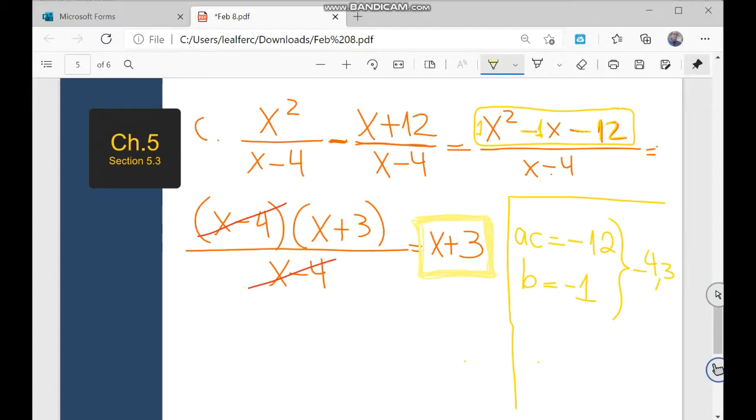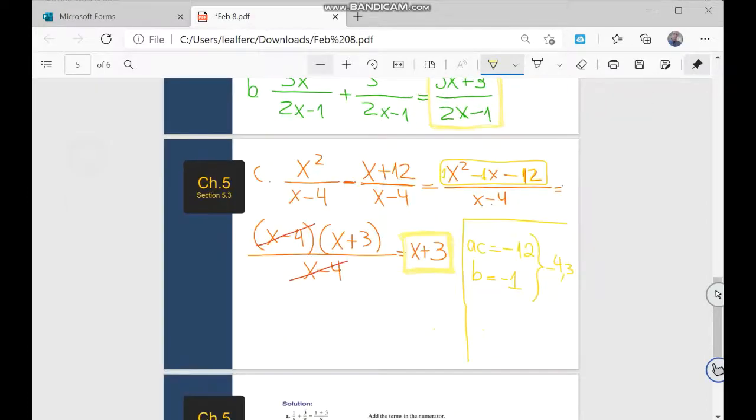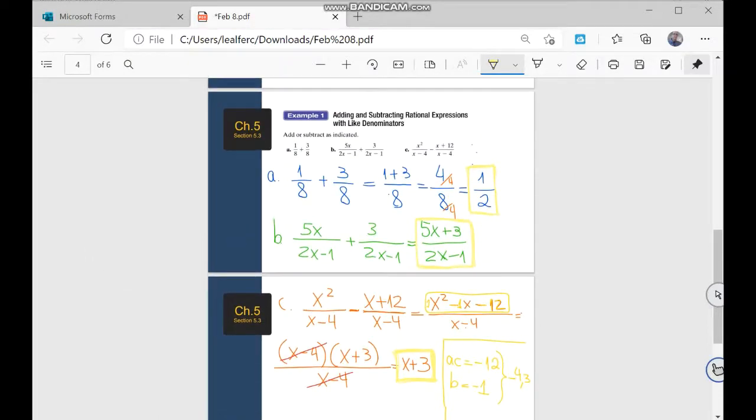Okay, any questions? Again, this last example is one that's trickier. A is fine, B is easy, but C, you need a special technique to factor out. So the addition and the subtraction are not the issue, they're not hard.